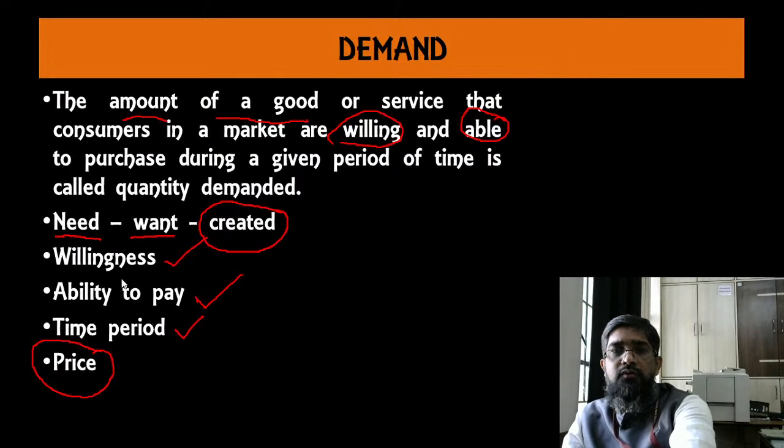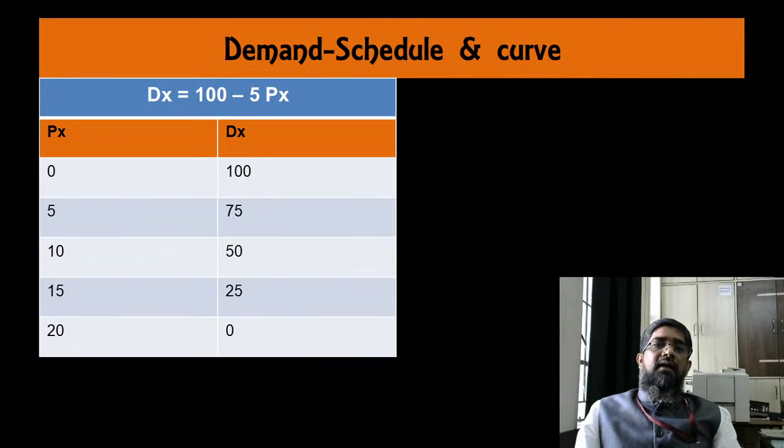Moving on to the next slide, I'm showing you here a simple demand schedule or demand table. You can see here, this is one of the simplest formulas used for estimating demand.